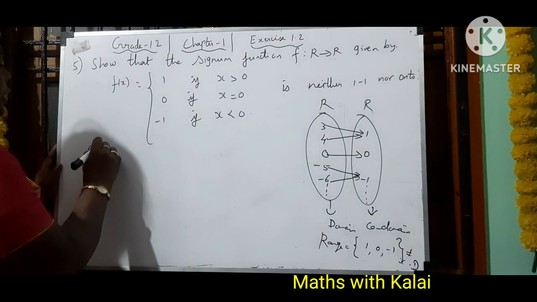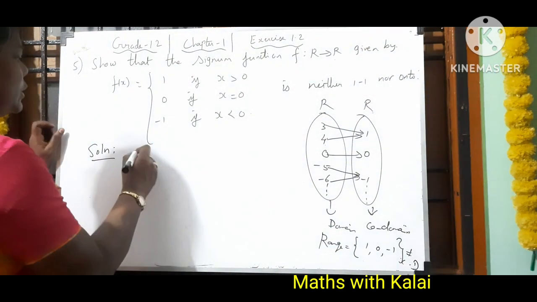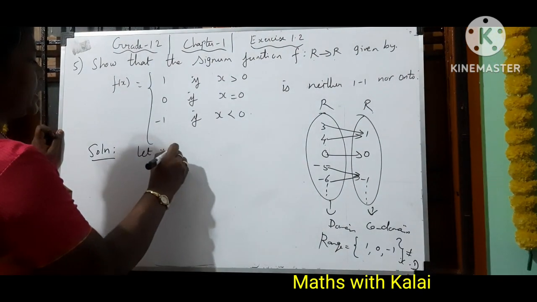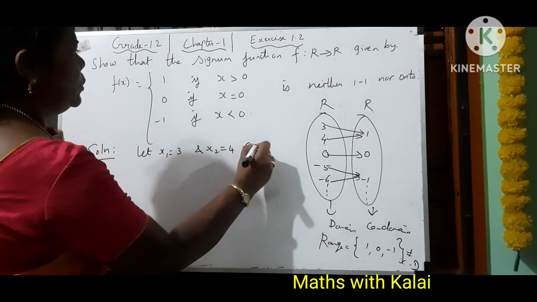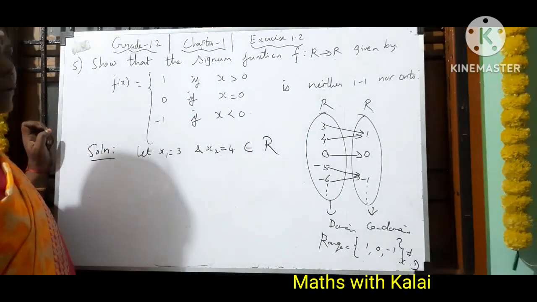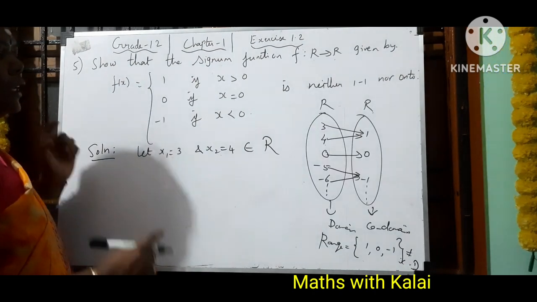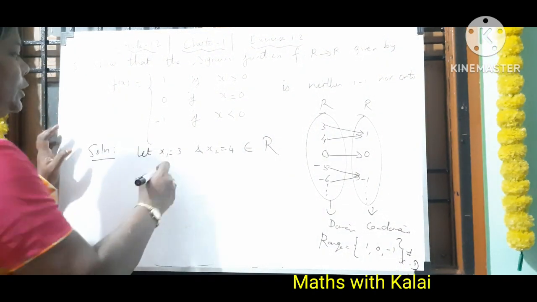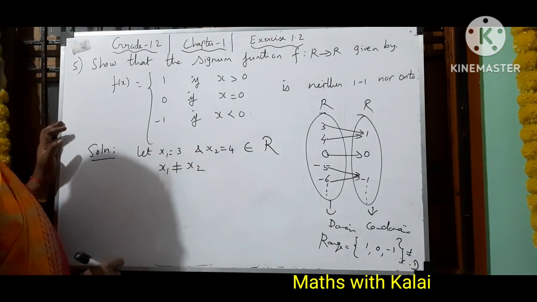Now coming to the solution, by the given definition of one to one and onto, how can we prove this அப்படினு பாத்தீங்கன்னா, let x1 is equal to 3 and x2 is equal to 4 belongs to the real number R, that is belongs to the domain. Okay வா? x1 x2 அப்படிங்கற ரெண்டு நம்பர் இந்த டொமைன்ல இருக்கு அப்படினு எடுத்துக்கிறோம். x1 ங்கிறது 3 எடுத்துக்கேன், x2 ங்கிறது 4 எடுத்துக்கேன். By seeing this, we can say that x1 is not equal to x2. அது நமக்கு தெரியும்.